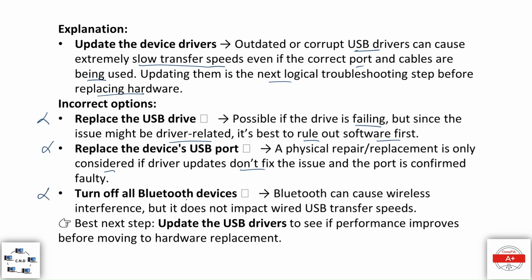Turn off all Bluetooth devices: Bluetooth can cause wireless interference, but it does not impact wired USB transfer speeds. So the best next step is to update the USB drivers to see if performance improves before moving to hardware replacement.